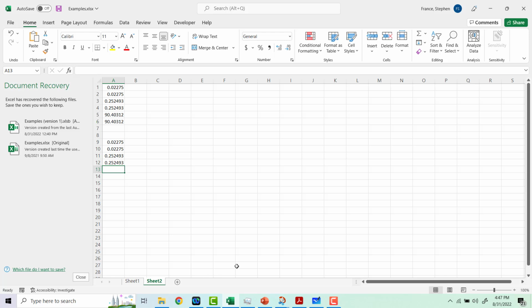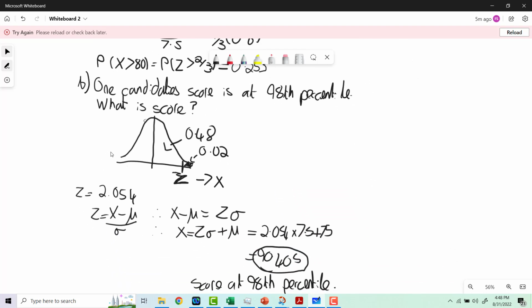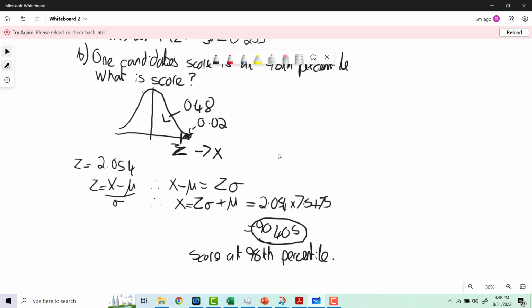And so the final thing to do, remember this question, and this is easy for us now because the 98th percentile, I said Excel just counts the area to the left. 98th percentile, 98% of the area is to the left. So we just have to put 0.98 into Excel, and we want to know what the x is.